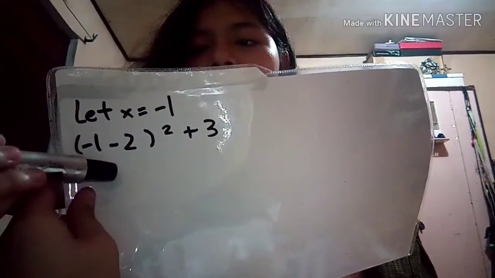So that would mean we get our equation, x minus 2 squared plus 3. The x there is going to be negative 1. So negative 1 minus 2 squared plus 3. Substitute x right here. What happens there? Negative 1 minus 2 is just going to be negative 3, squared, plus 3.